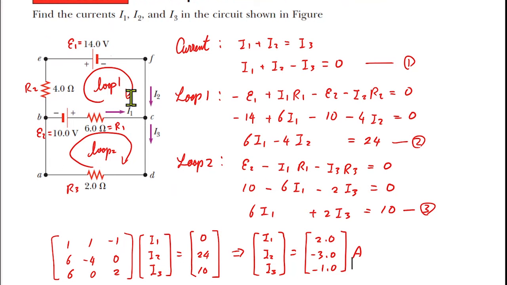I2 actually flows that way, and that makes sense, because the battery is there. And I3 doesn't flow this way, but that way. So these two merge and then go that way. It's a realistic picture. Kirchhoff's rule takes care of us, so we don't have to worry about it.